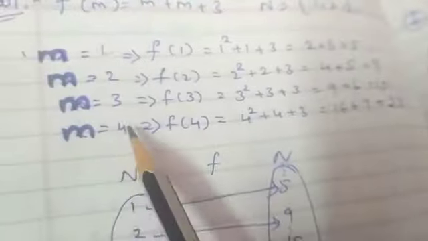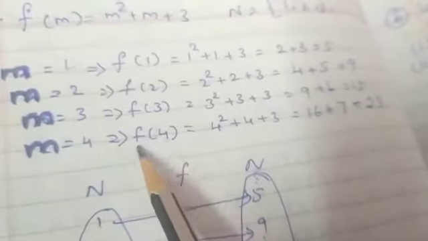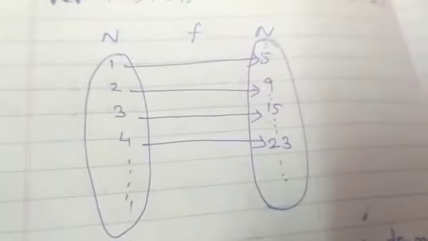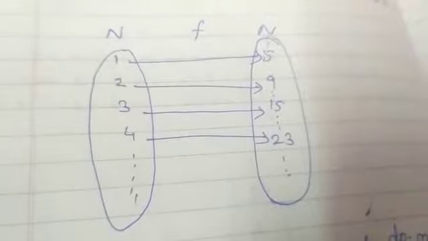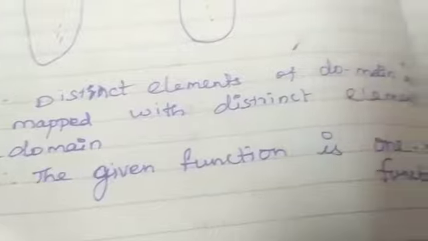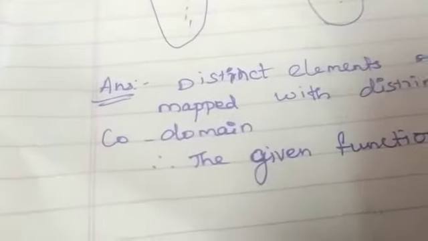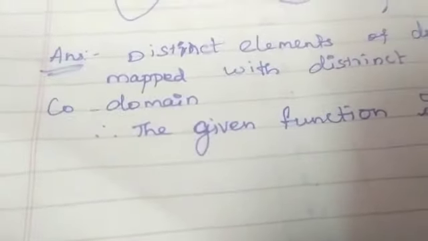When I substitute 4 in the place of m, I'll get f of 4 equal to 16 plus 7 equal to 23. So this is the arrow diagram for this function. Distinct elements of domain are mapped with distinct elements of codomain. Therefore, the given function is a one-one function. That is, 1 is only joined with 5, 2 is only joined with 9, 3 is only joined with 15 and 4 is only joined with 23 and no other elements.